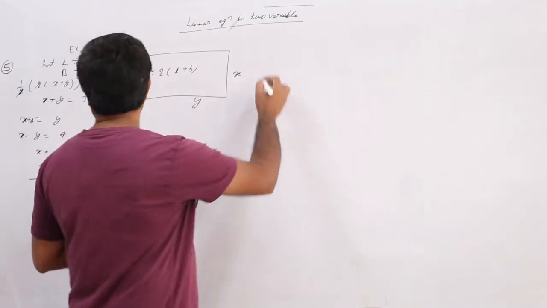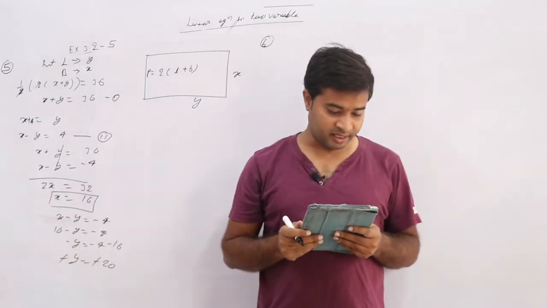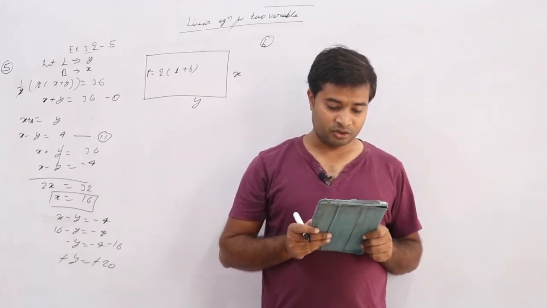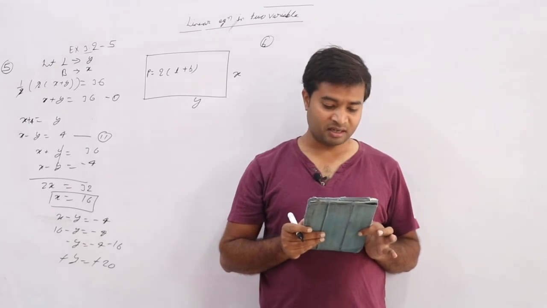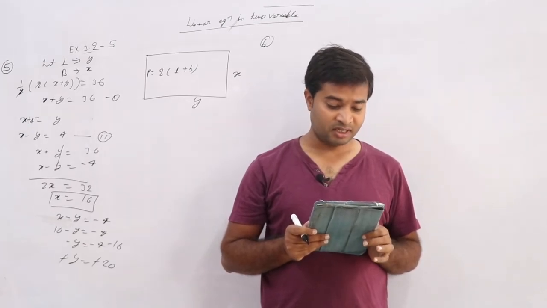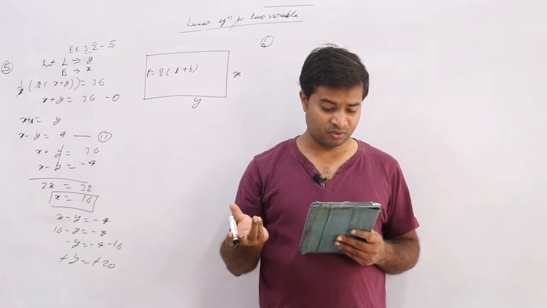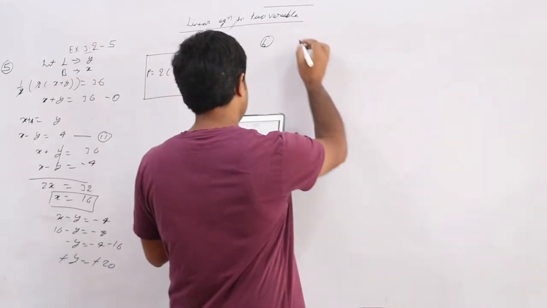See, question number 6. Question number 6 is saying, given the linear equation 2x plus 3y minus 8 is equal to 0, write another linear equation in two variables such that the geometrical representation of the pair so formed is intersecting, parallel and coincident. Full box question. What to say in this?